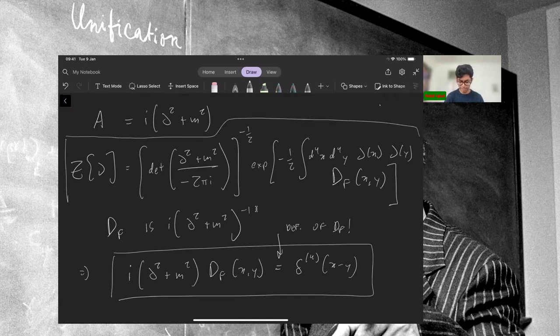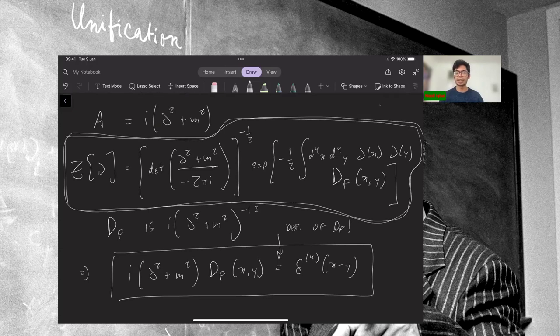So here is my Z of J for quantum field theory. This is an explicit calculation of Z of J in quantum field theory. Now again, let us take a second to stare at this. I'm actually doing okay on time, so we can take more than a second to stare at this. There's a lot going on here, so let's unpack it slowly.